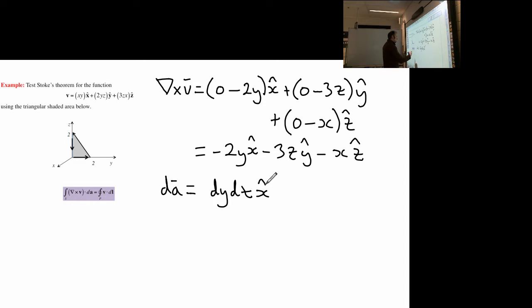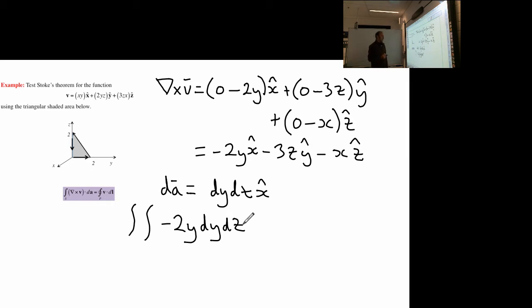So we've got a double integral of minus 2y dy dz. Okay, now remember x hat dot x hat is equal to 1, x hat dot y hat is equal to 0. So this is how we obtain minus 2y dy dz.